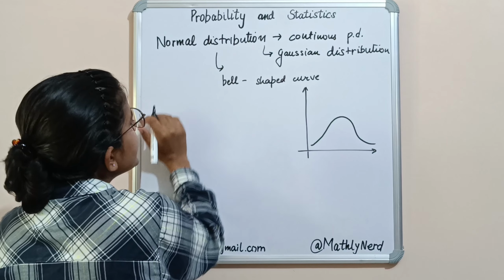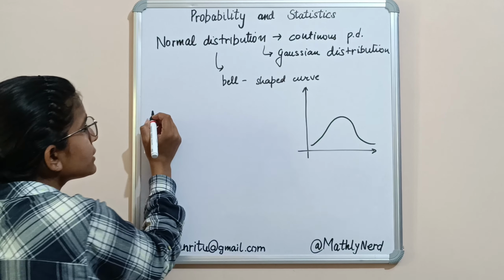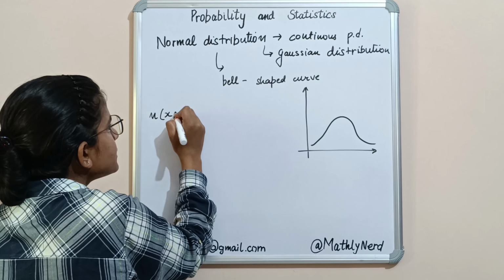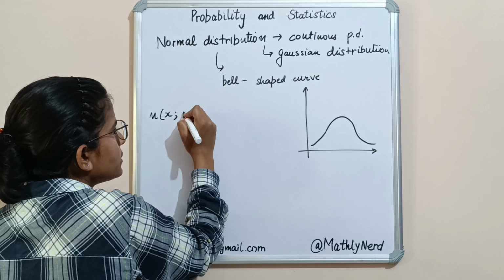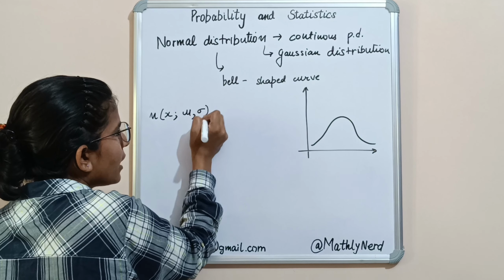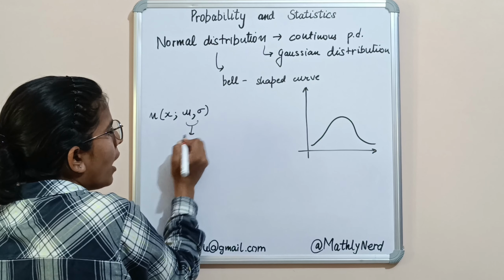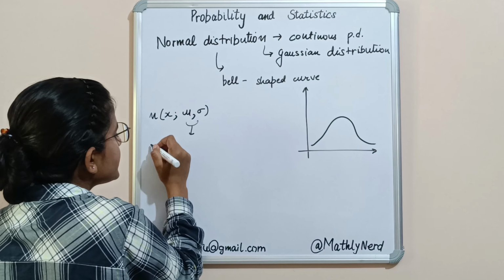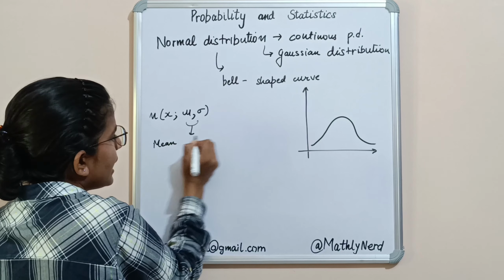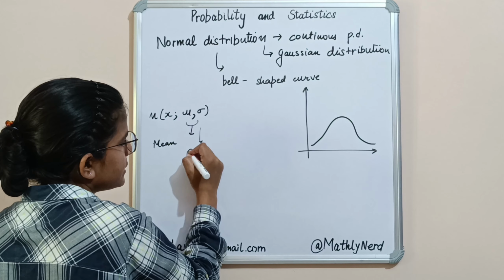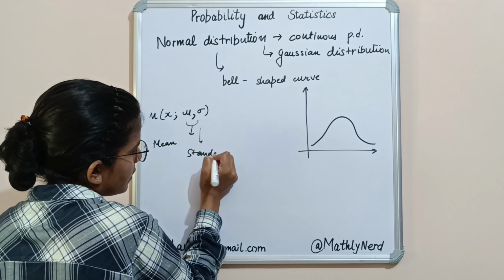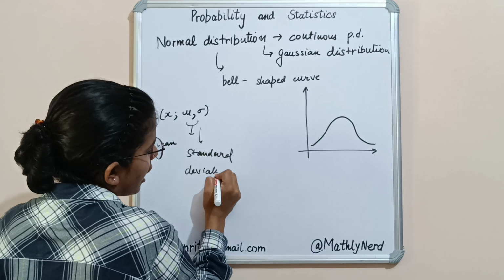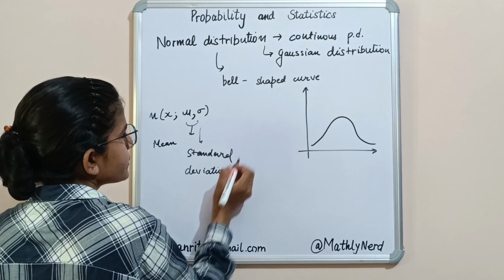Now, normal distribution is a distribution which is denoted by small n of x; mu, sigma, where mu and sigma are parameters of the normal distribution, and mu is the mean and sigma is the standard deviation, which are already given to us.